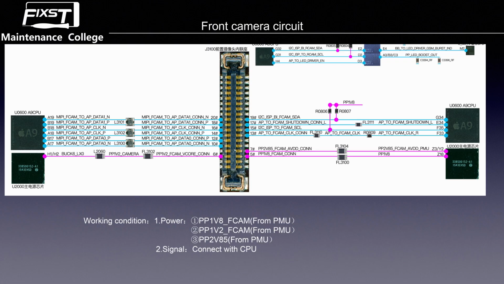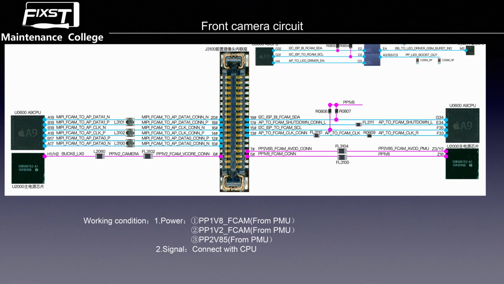Now we see pins 20, 18, 12, 10, these 4 pins. As you can see, these 2 pins are data 1 and data 0. These are 2 groups of data pins. Those data signals are all sent by the front camera and go through the array and to the CPU.